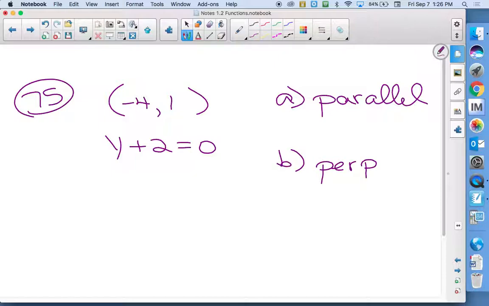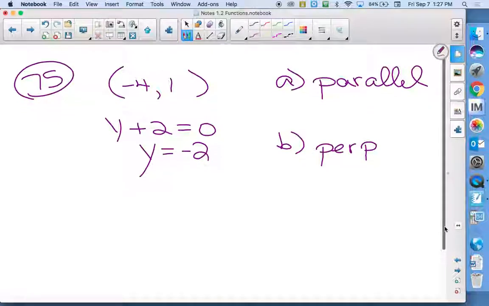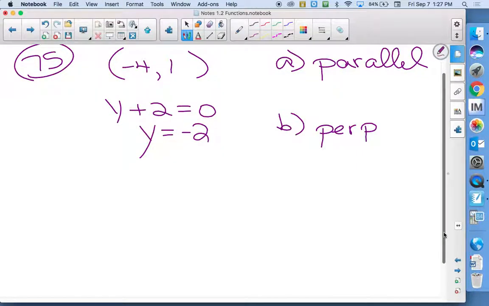So really the equation we're working with, instead of y plus 2 equals 0, would be y equals -2. Because I just have y equals and an ordered pair, I'm not going to use slope-intercept form. I'm going to think about it as a graph, as a picture.